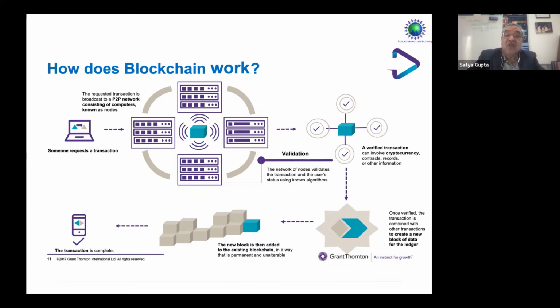It cannot be altered. It can only be added to with one more transaction, interlinked by using a hash. A new block is then added to the existing blockchain in a way that is permanent and unalterable, or immutable. Only then is the transaction completed. So that is how, in a very primitive way, the blockchain works.